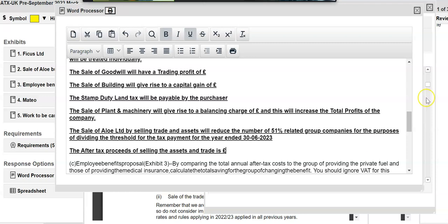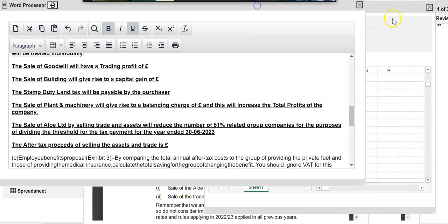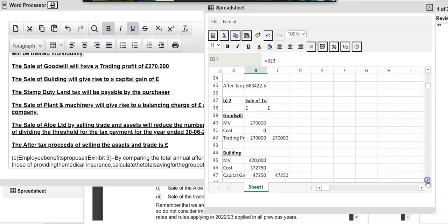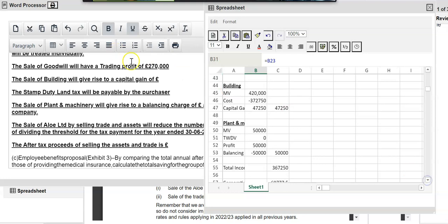So let's go to the spreadsheet. Okay, so here we have the spreadsheet. The gain on the goodwill was how much? It was 270,000 pounds. Then the capital gain on the sale of the building was how much? It is 47,250.